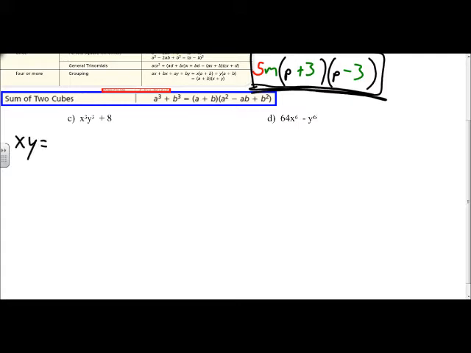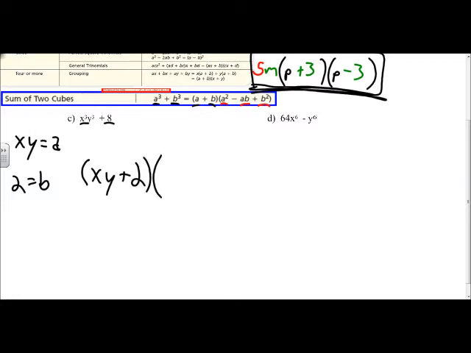Xy in this case is our a, and 2 is our b. So we have the a cubed and our b cubed, a cubed here, b cubed here. So we just need to put it in the terms of a plus b times a squared minus ab plus b squared. So that's going to be put into the form of a, which was xy, plus b, which is 2.